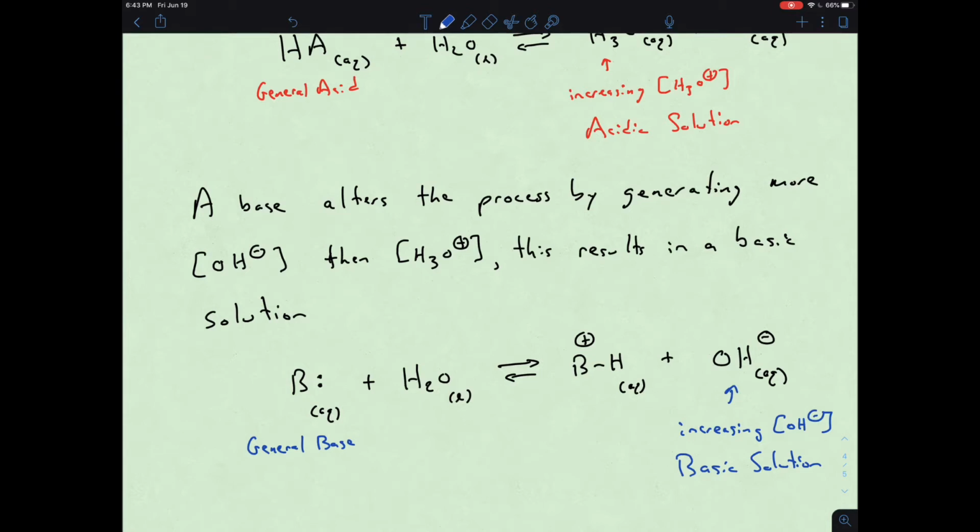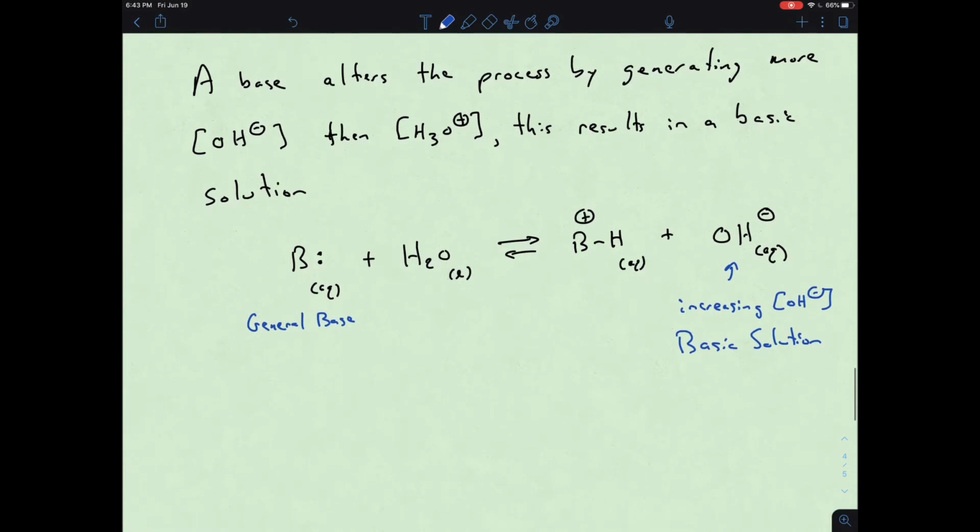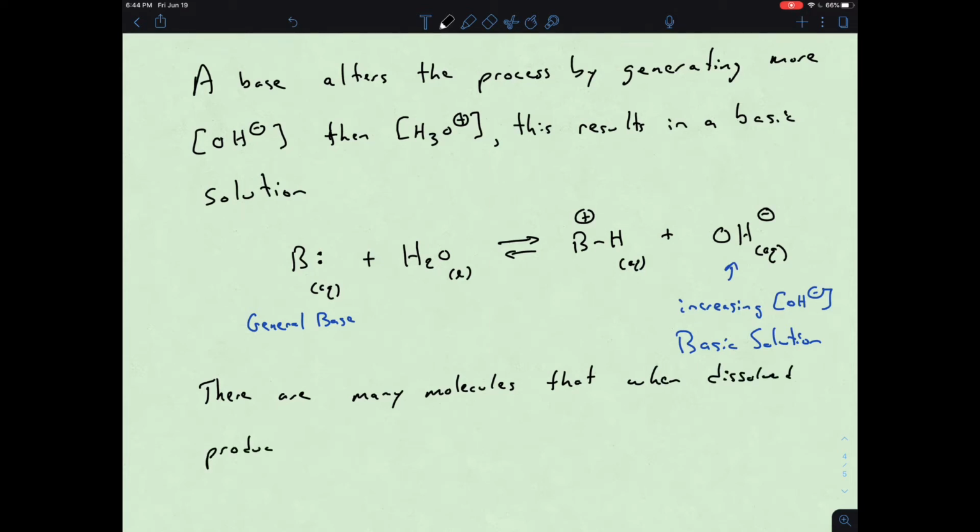Realize that we can also have things that don't affect pH. We're not going to get into this idea of acidic or basic solutions. We do have neutral solutions. And so there are many molecules that, when dissolved, produce neutral solutions.